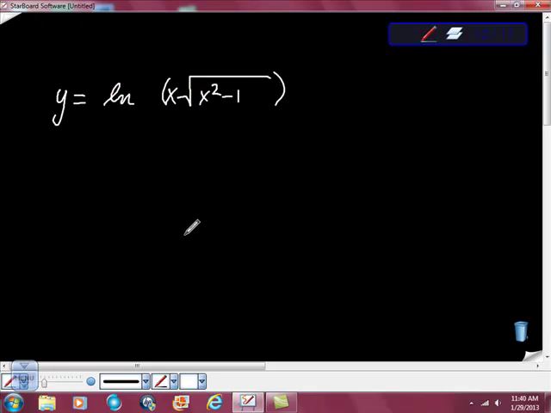Here, I'm going to use properties of logarithmic functions. I'm going to rewrite this as 1/2 ln of x squared minus 1.